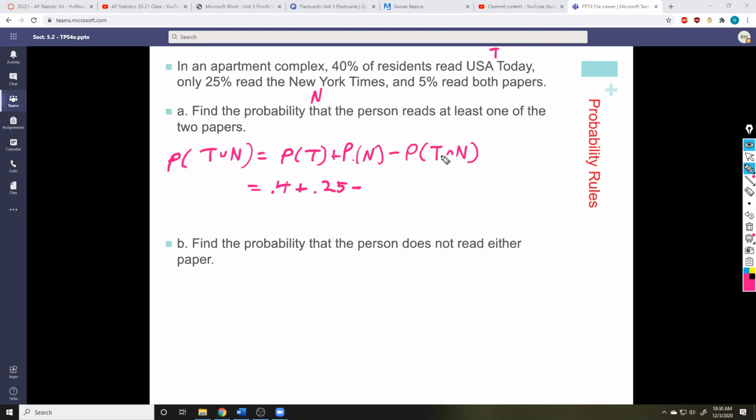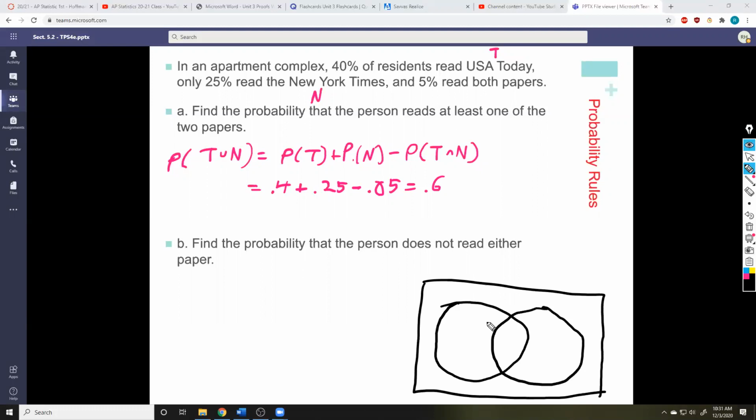So the probability of T and N is the people that read both the USA Today and the New York Times, and that is 5%, so 0.05. So we have 0.4 plus 0.25 minus 0.05. That's going to be 0.6.